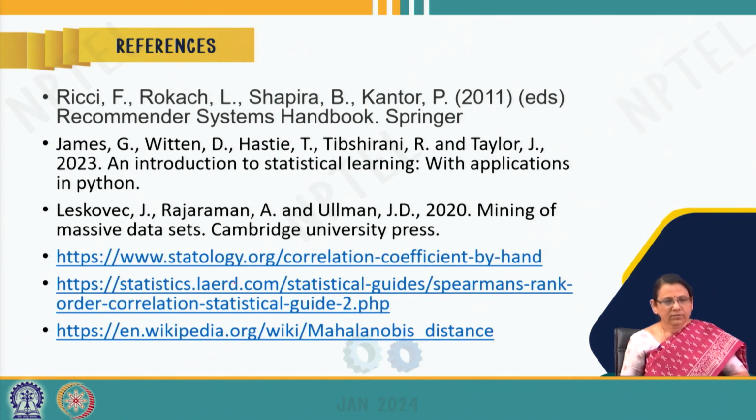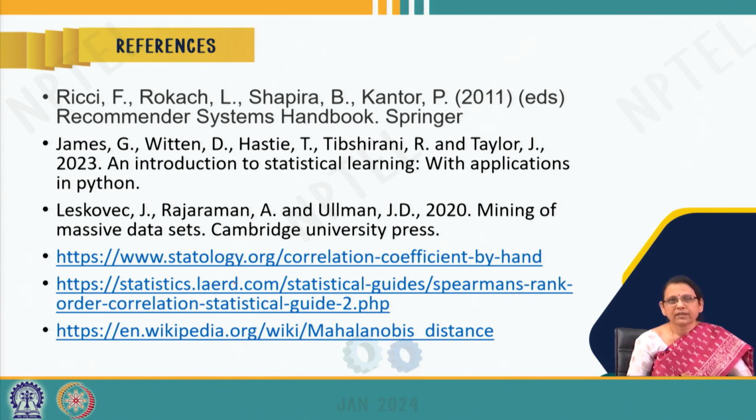So, with this we complete our discussion on distance and similarity. Now, let me tell you one thing: even though we limited ourselves to the discussion of a few distance and similarity measures, there are many more, and as the nature of the data changes, the type of similarity or distance function we use will also change.